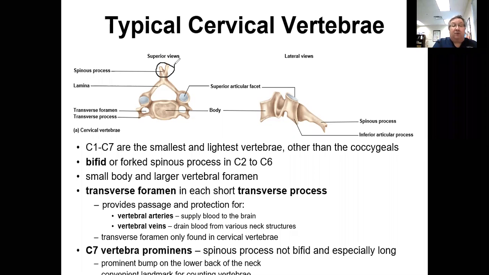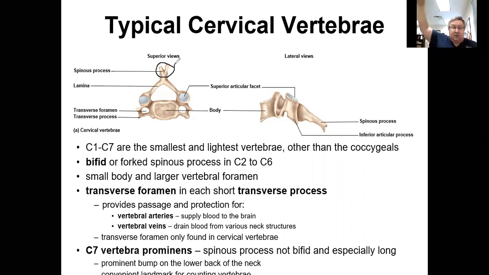The cervical vertebra, other than C1, has a very small body. The transverse process has transverse foramen that allows for the arteries and veins to go up to the brain. And finally, C7 is known as vertebra prominence.